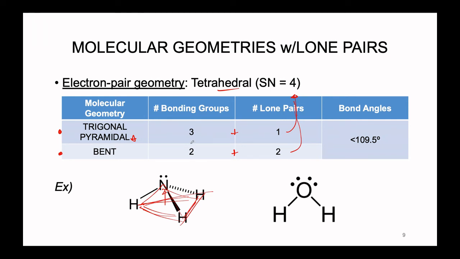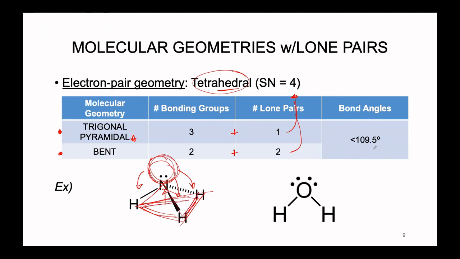The three bonding groups are held down underneath the plane of the nitrogen by the lone pair up on top. So again, this is where the electron pair geometry of tetrahedral comes from. We can imagine this lone pair existing up on the top of this nitrogen, and it's going to be pushing each of these hydrogen bonds down underneath the plane of where the nitrogen is. This is what's going to give us that nice pyramid with the trigonal base.